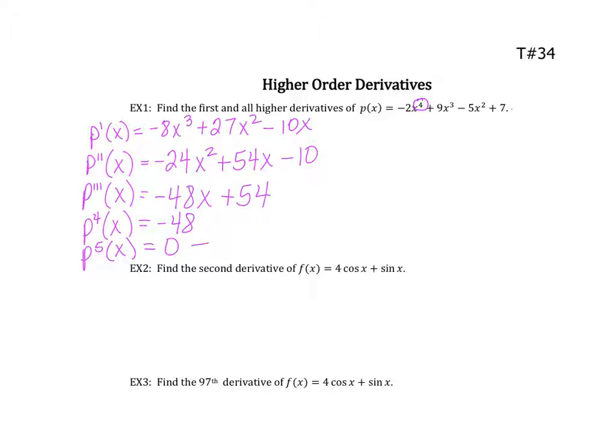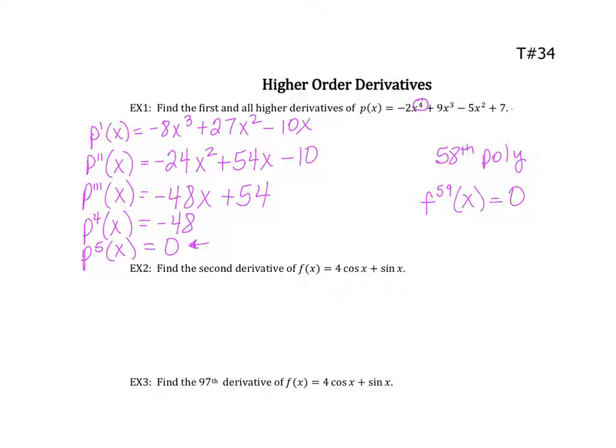And notice the first time I get a 0 for a derivative is the fifth. So that means if I had a 58th degree polynomial, the 59th derivative is going to be 0. So that's just good to know.